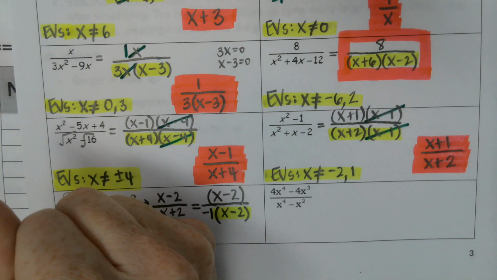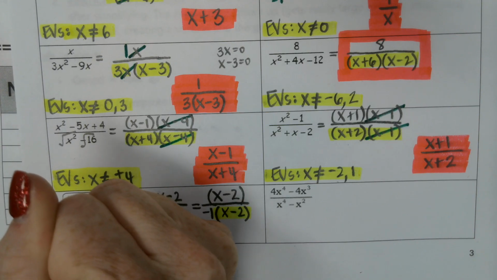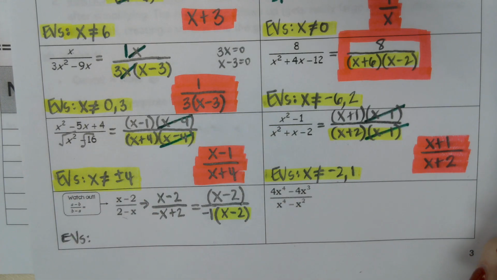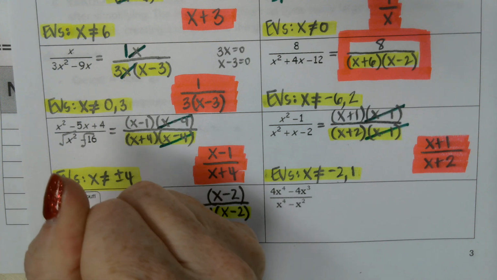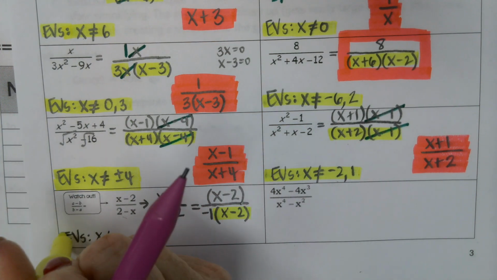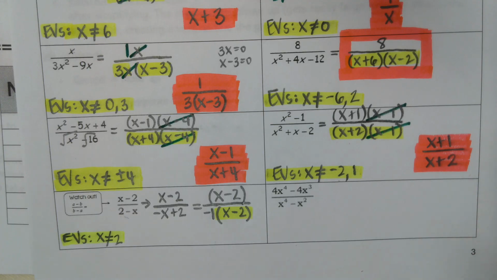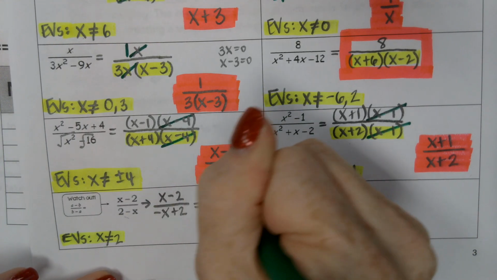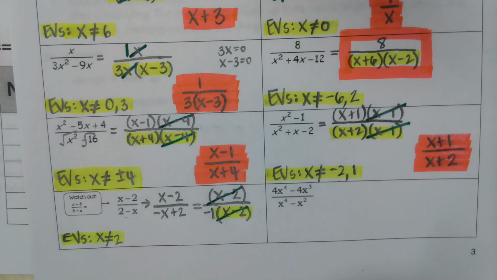If I were to identify my excluded values here, what is x not allowed to be equal to? Positive 2. Okay? Now, on the top and the bottom, I have both an x minus 2 and an x minus 2. What's understood to be left up top?